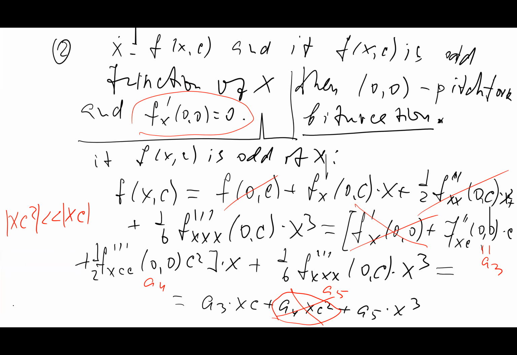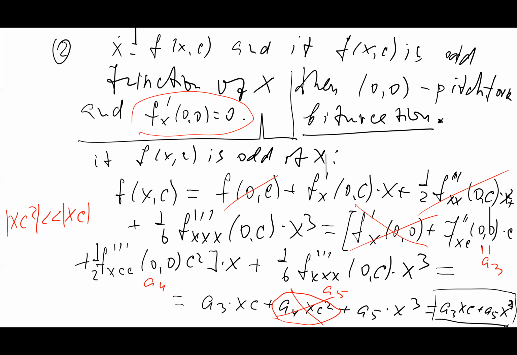After this, what we get is A3 x c plus A5 x cubed. And this is exactly what we considered to cause a pitchfork bifurcation. If A3 and A5 are non-zero, then we have a pitchfork bifurcation. So this was another important example.